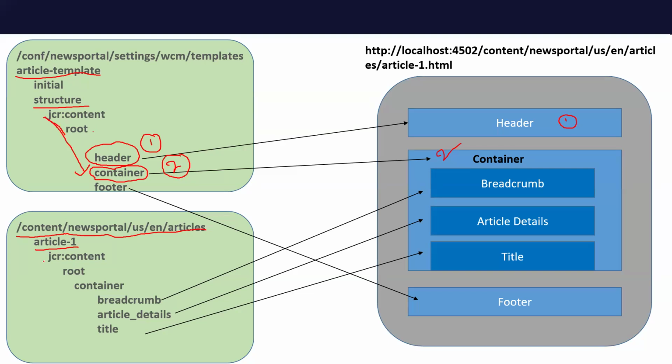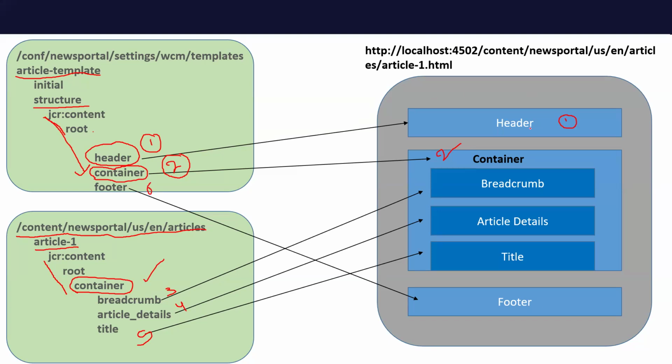It will go to the page, identify the node in the same hierarchy, and execute the child nodes of this container. So the third one is breadcrumb, the fourth one is article details, and the fifth one is the title component. 3, 4, 5. And when the page execution is completed, it will go back to the template level and execute the footer. So this is the sixth component.